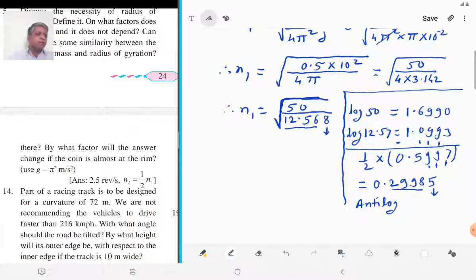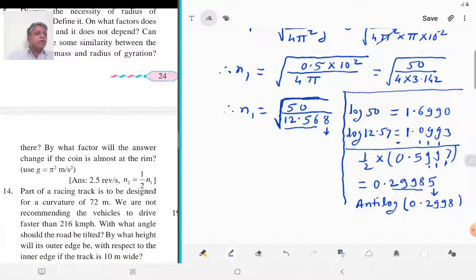The previous digit is an even number, so we cannot add 1. Therefore, here we see the antilog of 0.2998 only. If instead of 8 there were an odd number, at that time we would add 1.